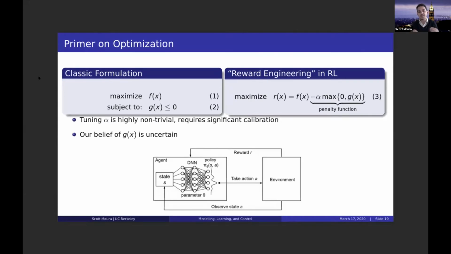And because of this, tuning alpha that does this trade-off is highly non-trivial. It requires significant calibration, lots of episodes, lots of training. It's referred to as a hyperparameter. And moreover, this function g, which encodes our constraints, is uncertain. So we do our best to mathematically model what are the constraints in these batteries, but there's still some level of uncertainty.